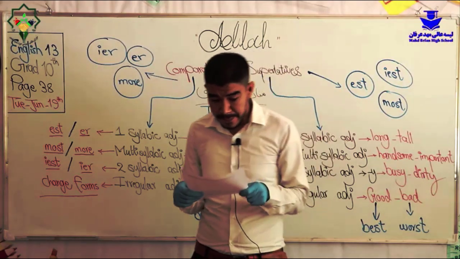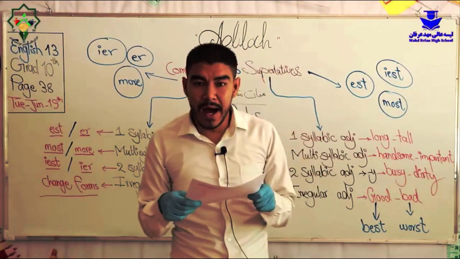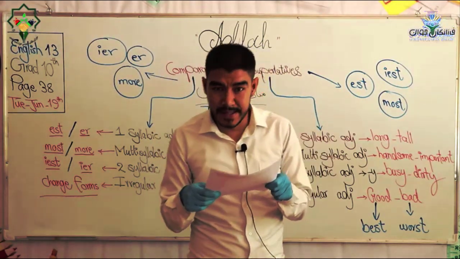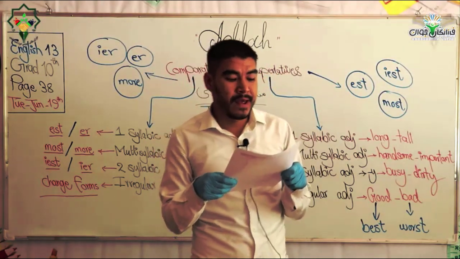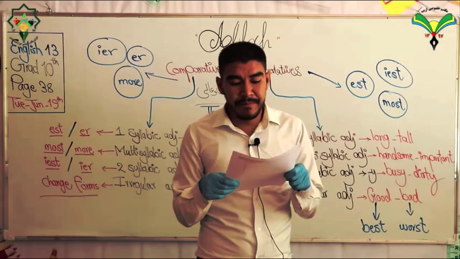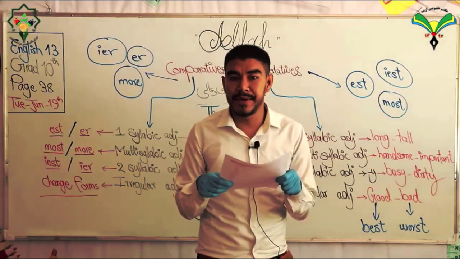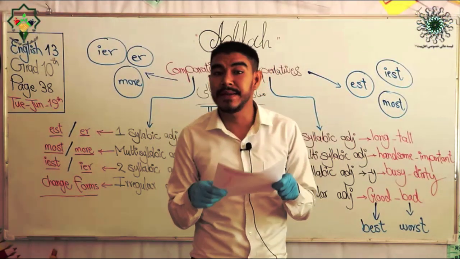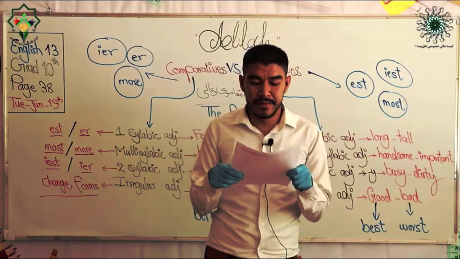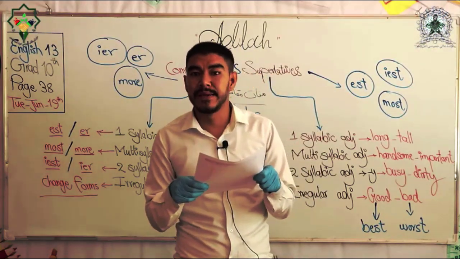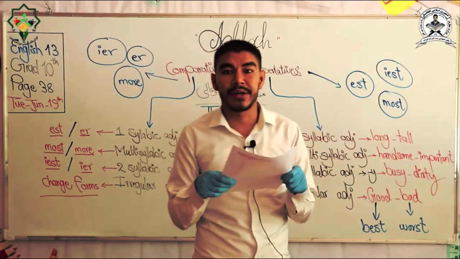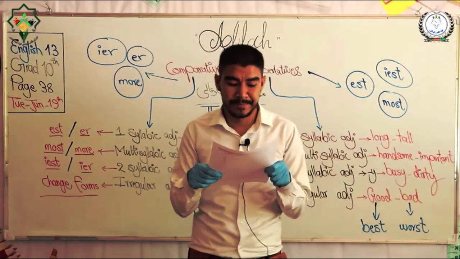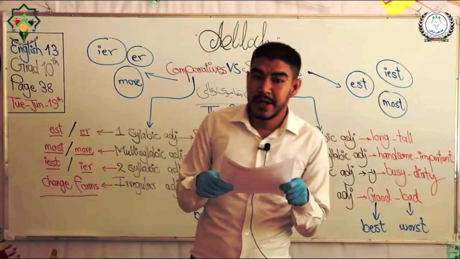Okay. Number 1. Absent. Absent, it means غیر حاضر. Number 2. Compulsory. Compulsory, it means اجباری. Number 3. Graduate. Graduate, it means فارغ شدن، تمام کردن. Number 4.